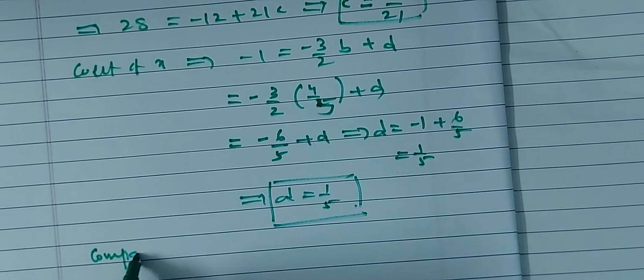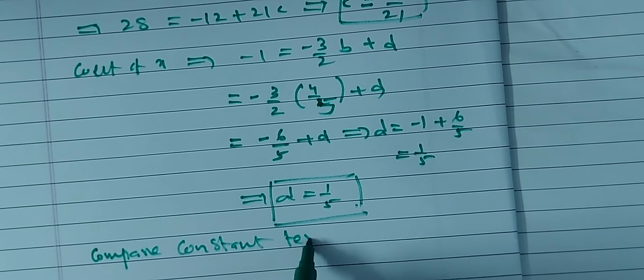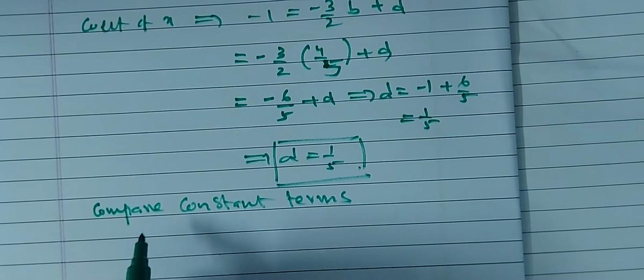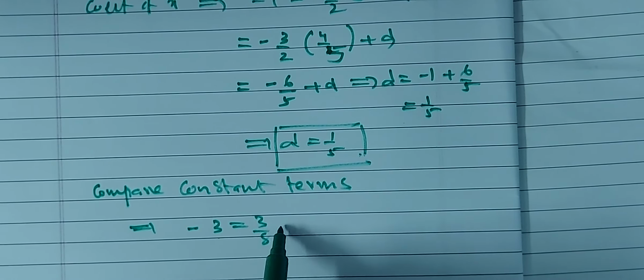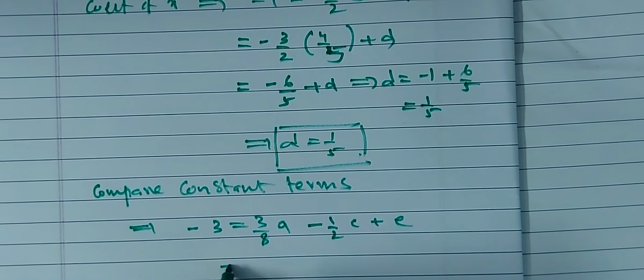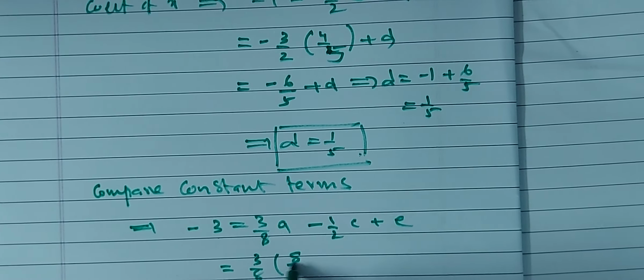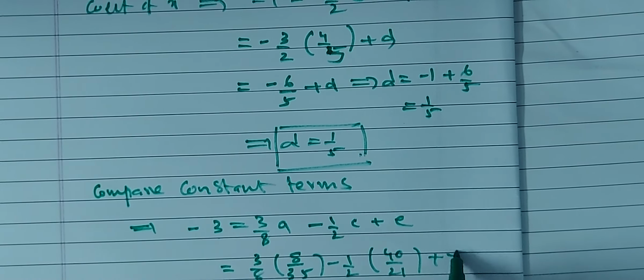Next, compare constant terms. Constant terms implies minus 3 is equal to 3 by 8 into a minus 1 by 2 into c plus e, is equal to 3 by 8 into 8 by 35 minus 1 by 2 into 40 by 21 plus e.